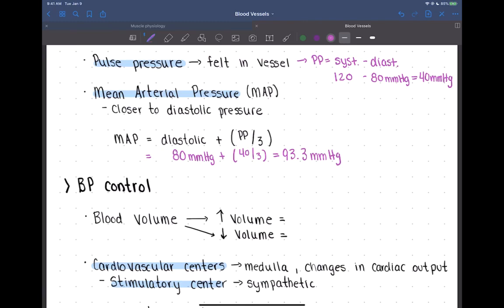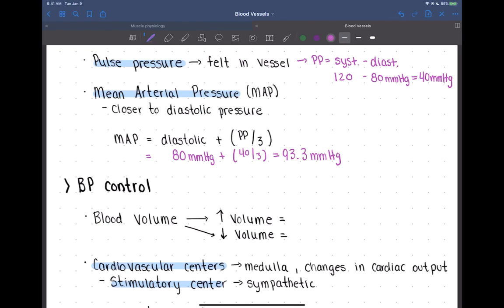Okay? And so the reason for that is because, as we talked about, the heart spends a much longer part of the cardiac cycle in diastole than it does in systole. Remember, systole is only 0.3 seconds. That's constant. And then the rest is for diastole, okay?